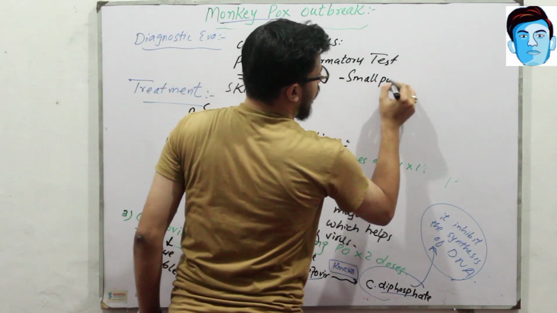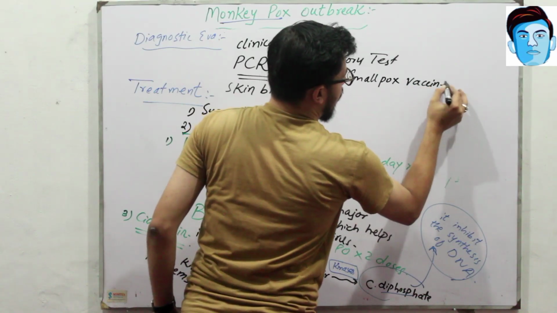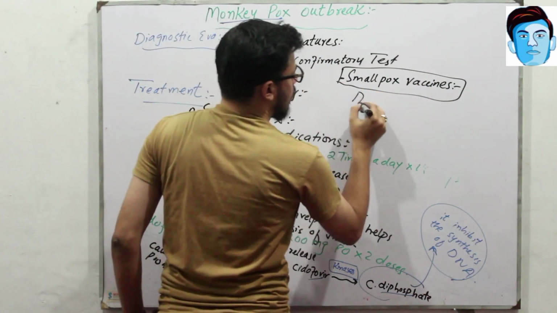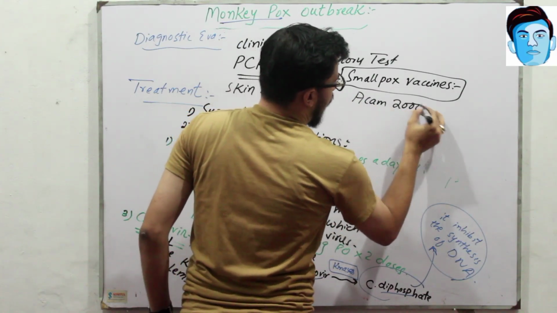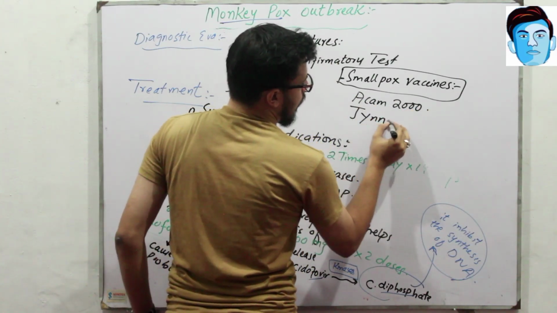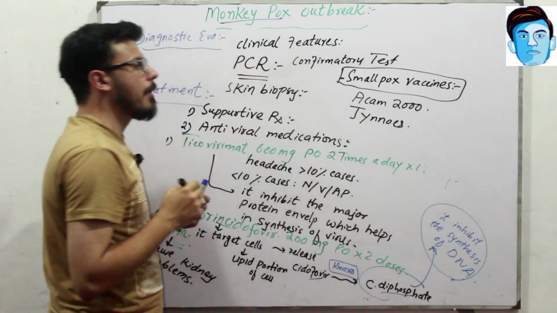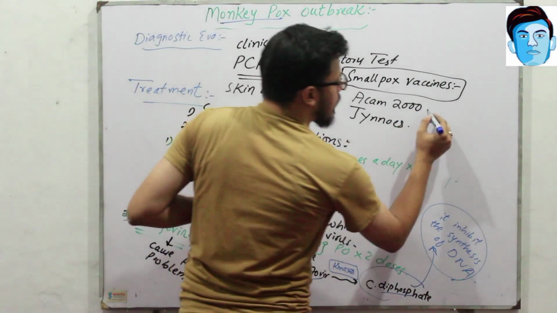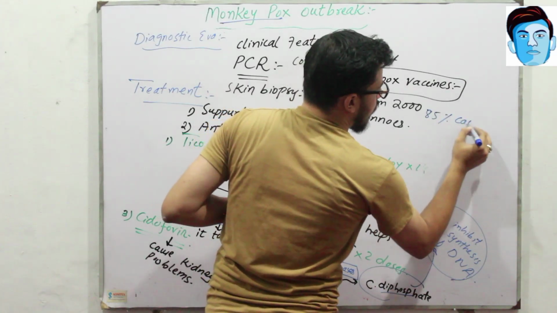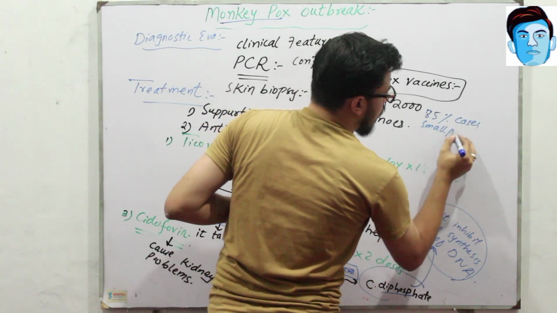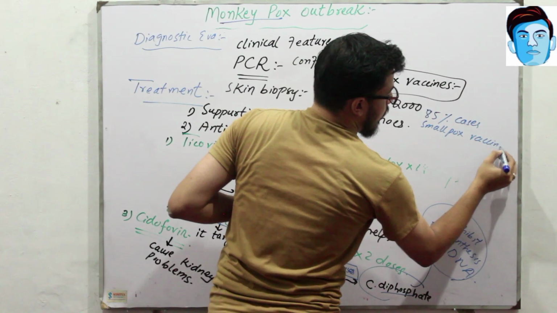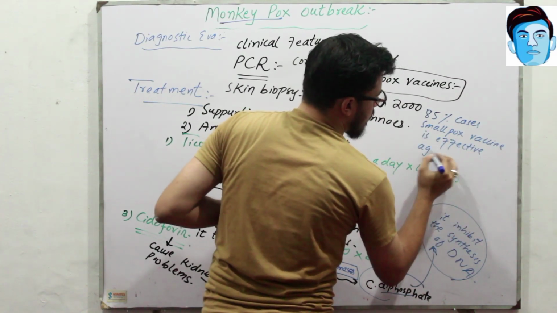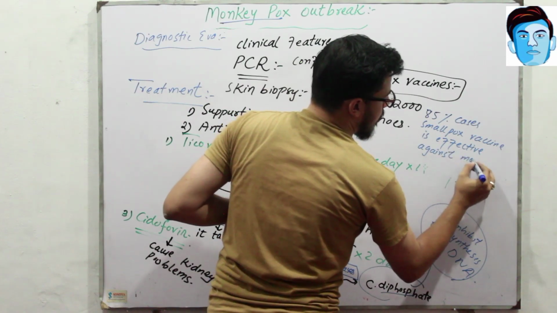Smallpox vaccines do play a role here. That is ACAM 2000 and Jynneos vaccine. But the Jynneos vaccine plays an important role in immunocompetent patients. Also, in 85% of cases, the smallpox vaccine is effective against monkeypox.